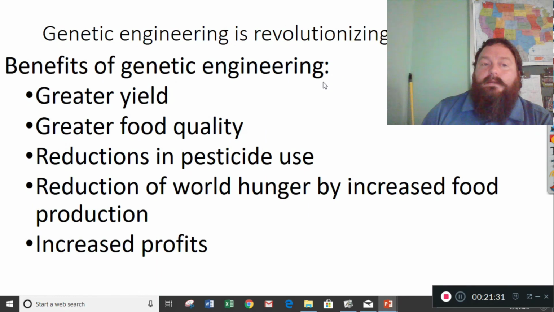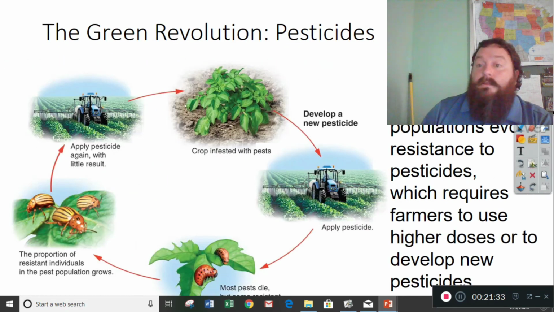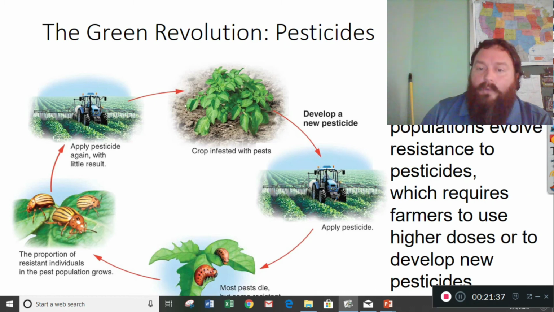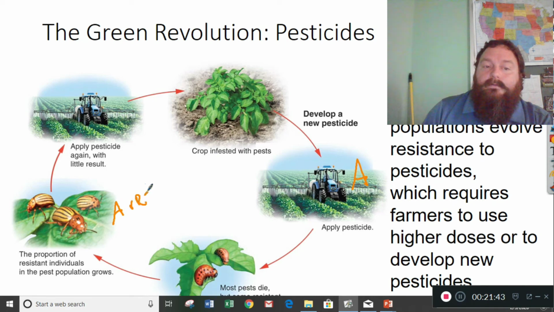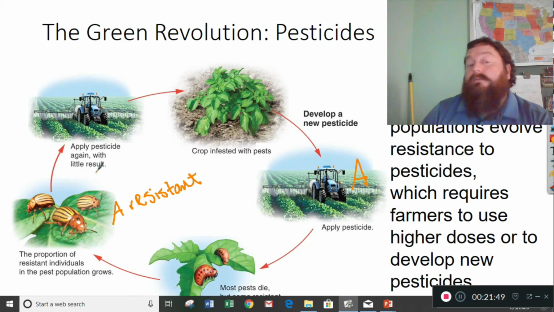So what we should be doing is alternating the pesticides we use. To avoid this pesticide treadmill, we apply pesticide A, for instance. The ones that are immune to A survive. So the next time we apply, instead of applying pesticide A again, we have 2 options. We can either apply it in a greater concentration, or the better way to do it is to apply a different pesticide.